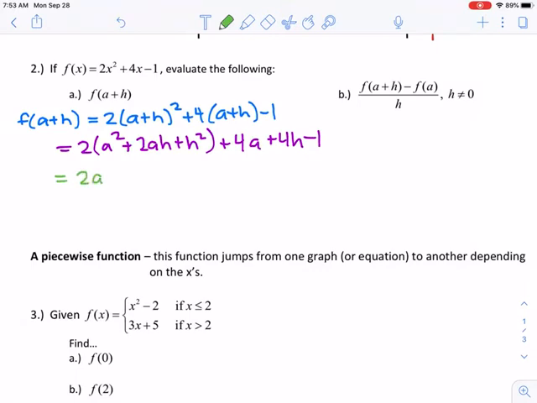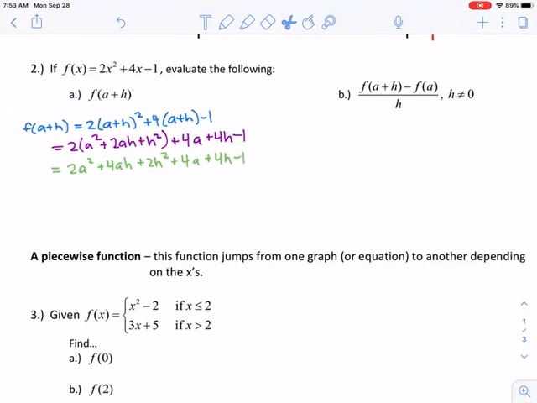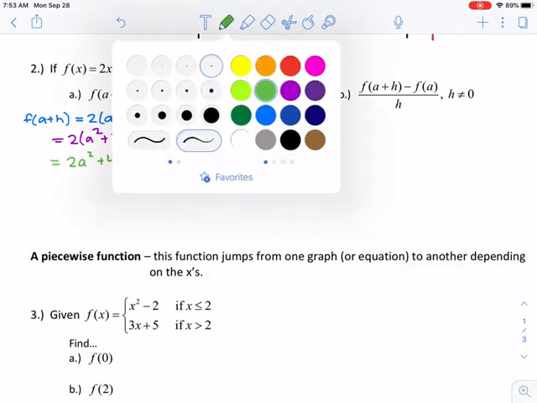We're going to have a 2a squared plus 4ah plus 2h squared plus 4a plus 4h minus 1. Now, unfortunately, there are no like terms. So now we found f of a plus h.